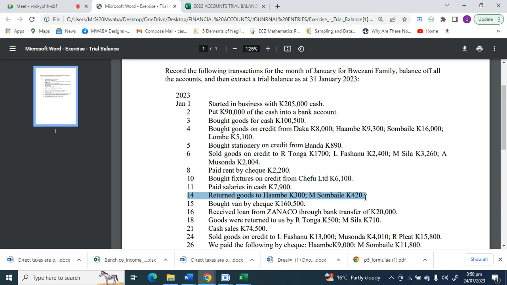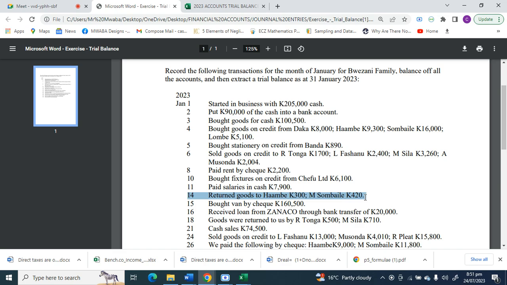Okay, let me just interject. You are correct on everything, but we're not dealing with the purchases account this time. We're dealing with return outwards. Whenever you return goods back to your supplier, return outwards is a contra expense account.